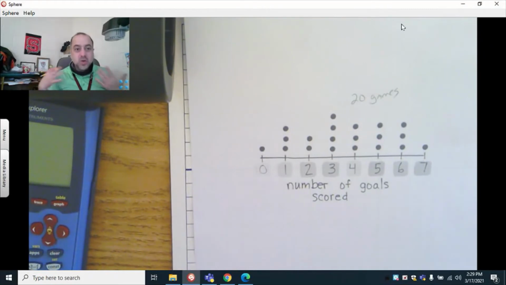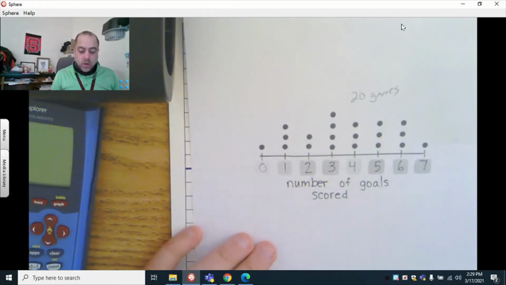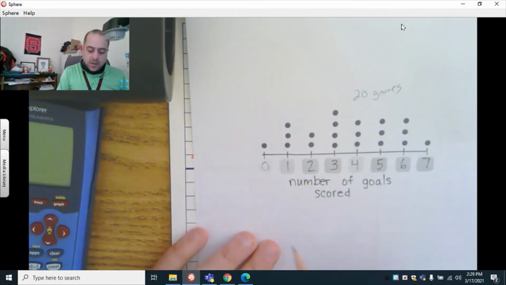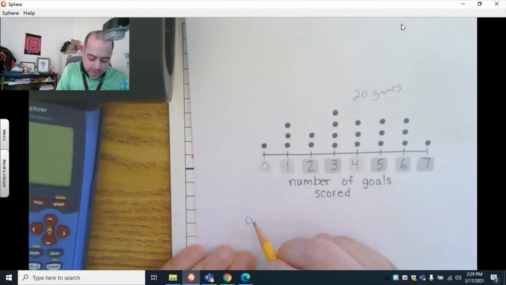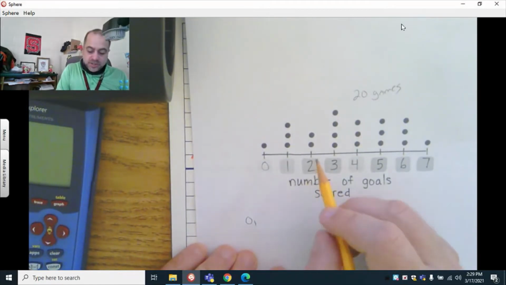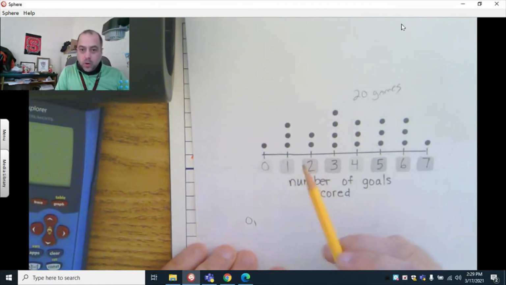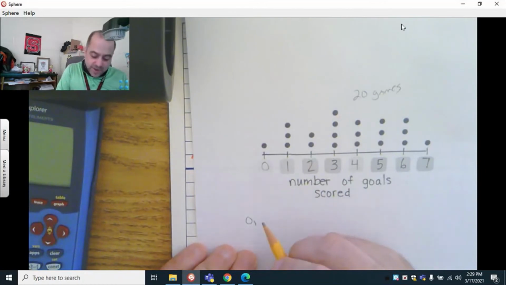And we want to figure out how many goals they were scoring. Were they a good scoring team? So this represents the goals they scored in each game. Let's just write down the numbers. They scored 0 goals in one game. They scored 1 goal in 3 different games, so we write that down 3 times.